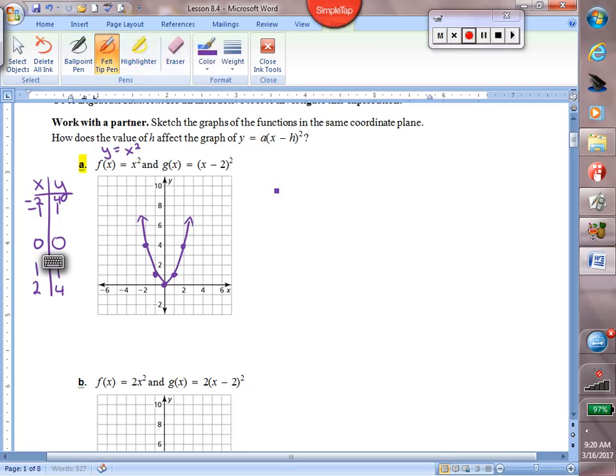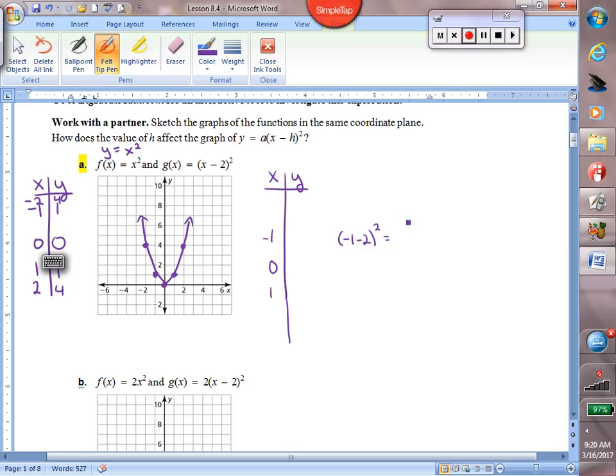So let's try to set up our XY chart, and I'm going to put -1, 0, and 1. I'm going to make a little bit bigger chart because I'm not sure what's going to happen with this graph. So let's substitute -1 in. So we have -1 minus 2, and we square that.